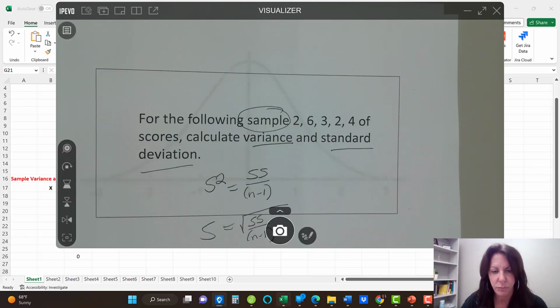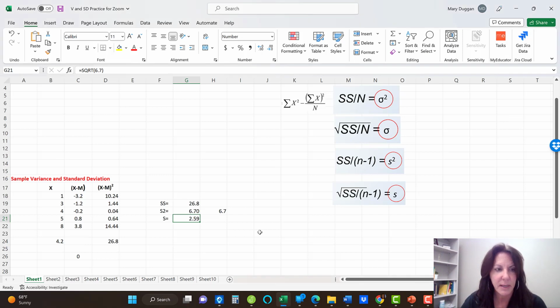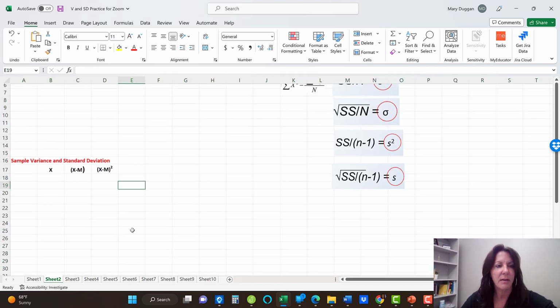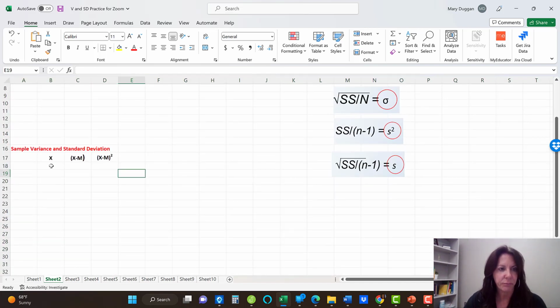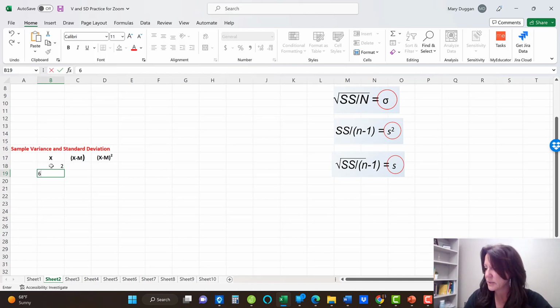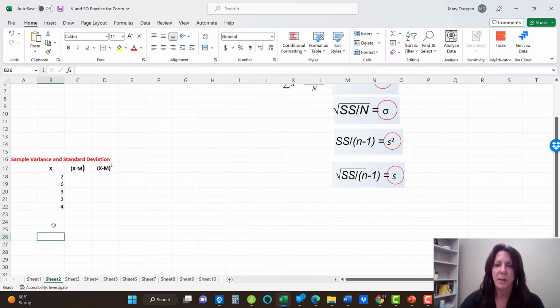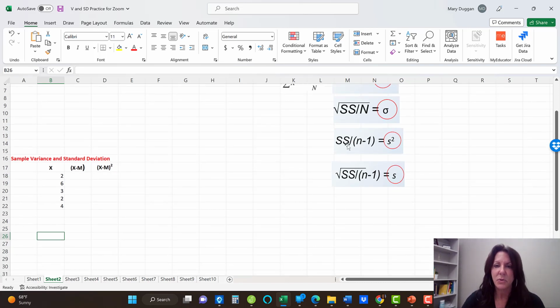There we go. Here's the Excel sheet. And I'm going to click on sheet 2 to get to another one. All right, because I'm still working on a sample. So this time my scores were 2, 6, 3, 2, and 4. Okay. Now, remember, I'm going to just go back up and look at those formulas here. I need the sums of squares divided by n minus 1 for the variance.